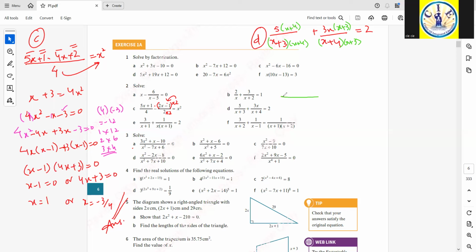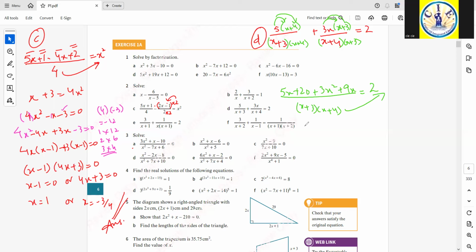Now the denominators are the same, x plus 3 times x plus 4, and on the numerator from this 5 times x, this is 5x, and then 5 times 4, which is 20. Then in this case 3x times x, 3x squared, and 3x times 3, that is 9x, and on the right side I have 2.